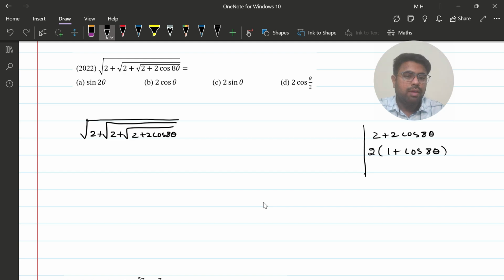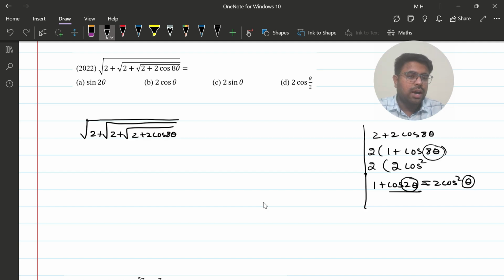So we have an identity that says 1 plus cos 2 theta can be written as 2 cos square theta. So what we did, we had cos 2 theta, the angle was 2 theta, we reduced it to theta, and it became cos square. So 1 plus cos 8 theta can be written as 2 times cos square.